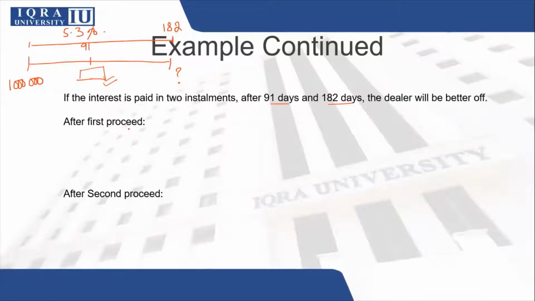So after the first proceed, we're going to calculate how much your maturity proceeds are after 91 days. So how much interest do you get in this 91 days? And what will be your bank account over here? So we're going to use the same maturity proceeds formula that we did in the previous one as well. So I'm going to directly put the formula now. Is equal to 1 million.